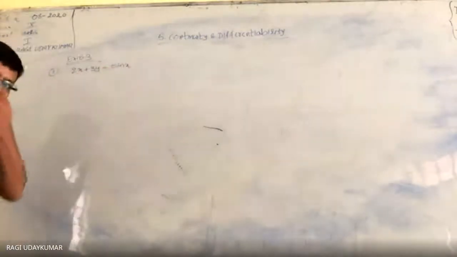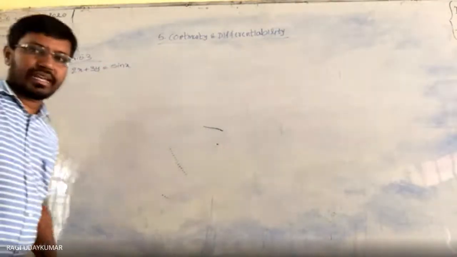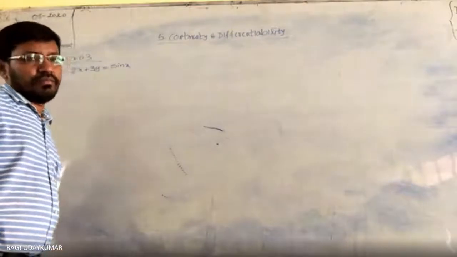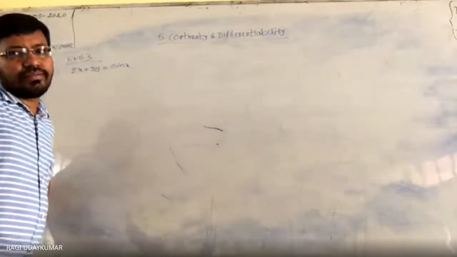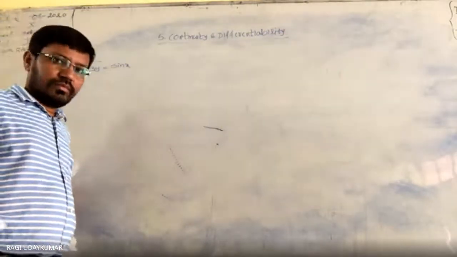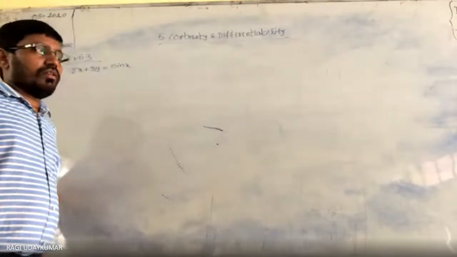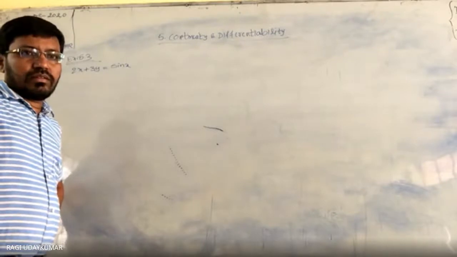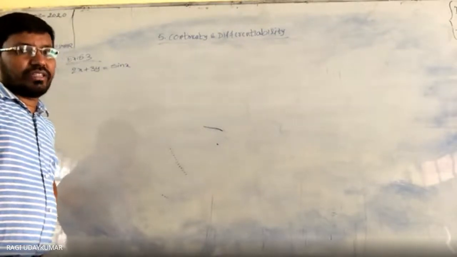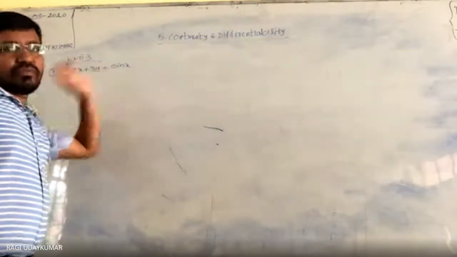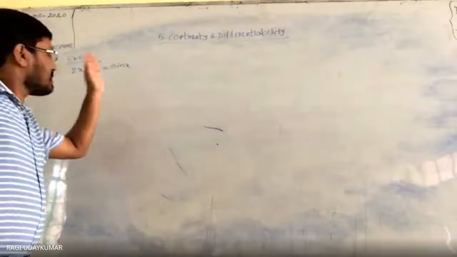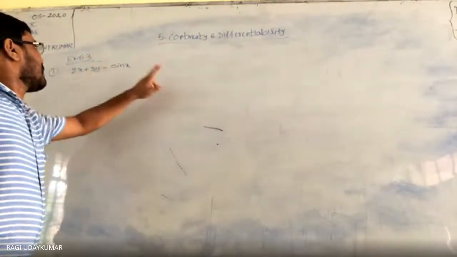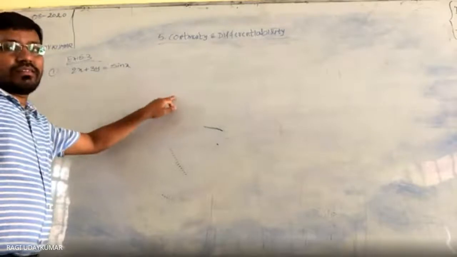So here, is this an implicit or explicit function? Tell me whether it is implicit or explicit. It is an explicit function because y you can write in terms of x: y is equal to (sin x minus 2x) by 3.